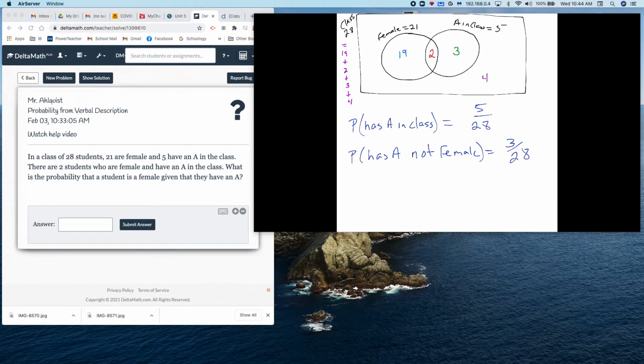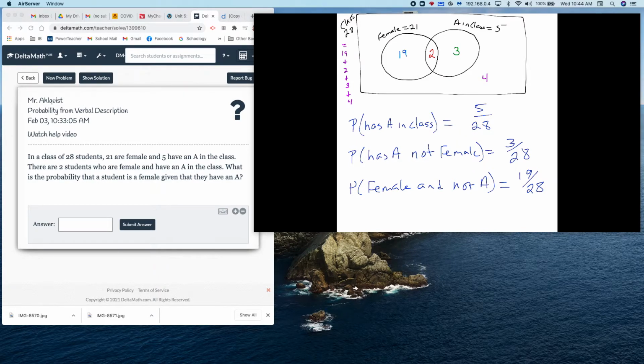What if I said something like, probability the student is a female and not an A. So if a student is a female but not an A, that's the 19 out of the 28, because that 19 represents right there.